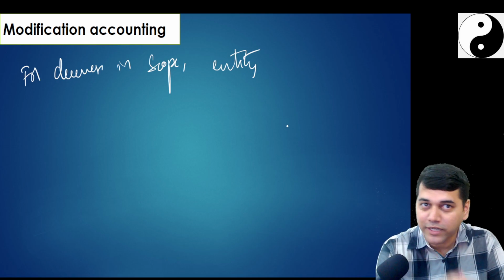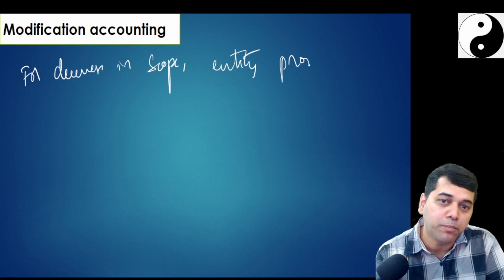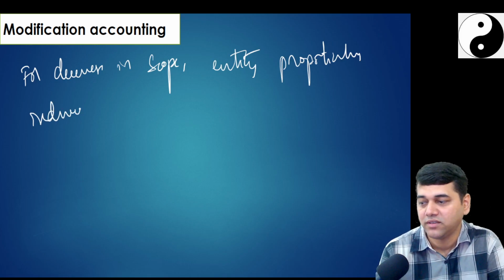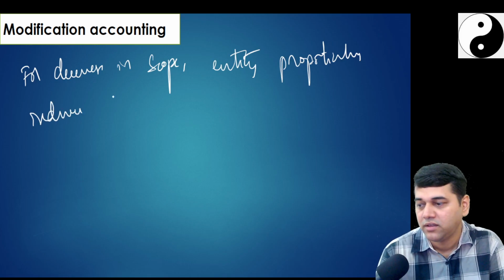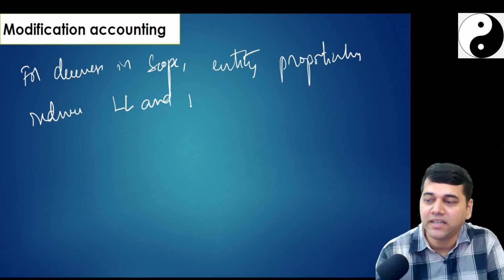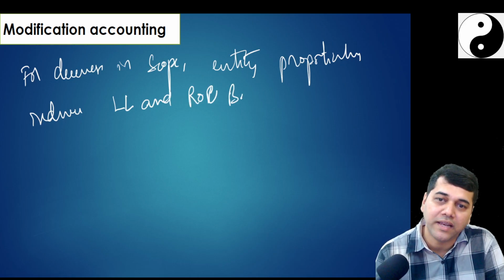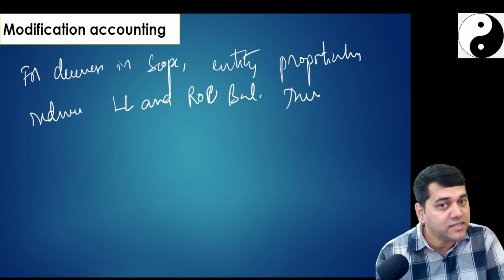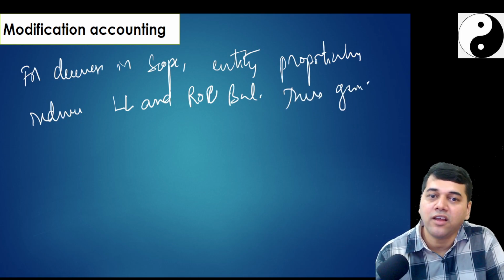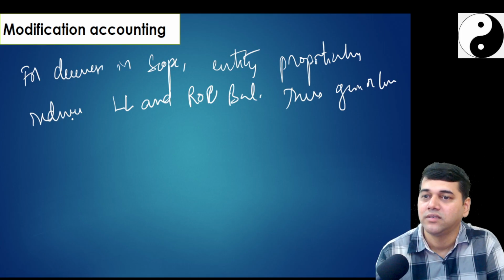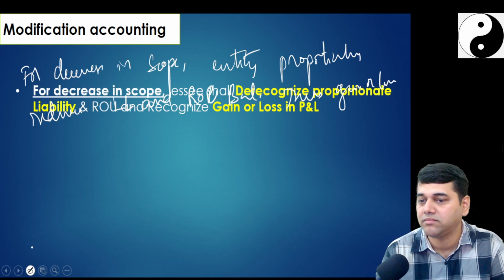So, since it is going to reduce, you say that the entity proportionately reduces or derecognizes the lease liability and ROU balance. Thus, gain or loss is recognized in the P&L.